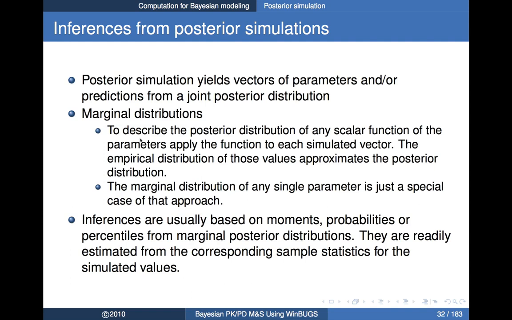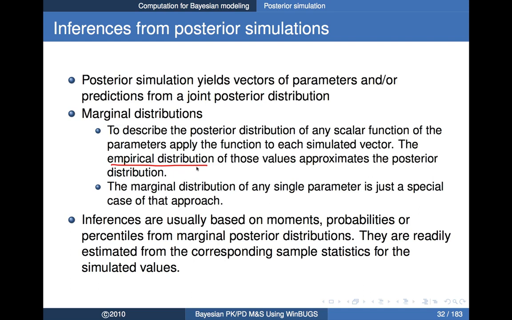Well, if I want to describe the posterior distribution of any scalar function of the parameters, I would take each individual vector that I simulate from my joint posterior distribution, apply the function to it, and do that for each one of those sampled vectors. That gives me a distribution of the function of those parameters. In particular, that empirical distribution, the distribution of those simulated values, approximates the actual continuous posterior distribution.